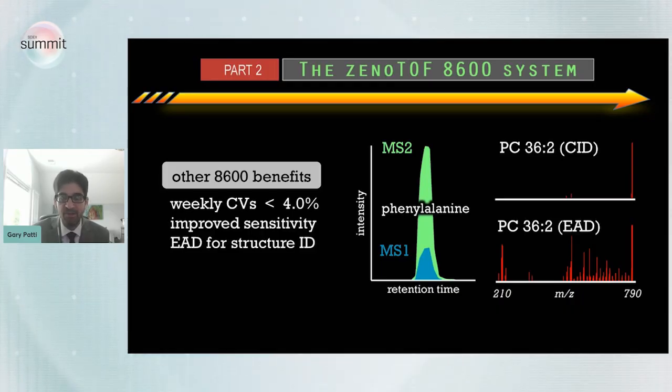And you can also see that in addition to doing CID fragmentation data, it is possible to collect EAD, which in some cases is going to be much richer fragmentation data, as you can see here for the PC shown. We're also getting weekly CVs that are less than 4%, which is really outstanding. If you're going to do large studies, that's critical. We heard earlier about the importance of quantitation, and that's really the key to it.